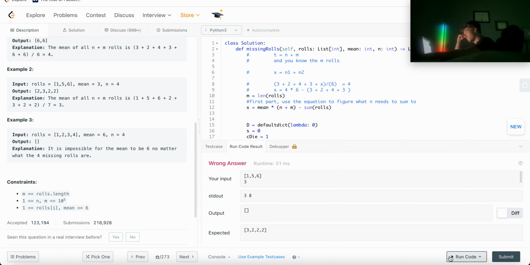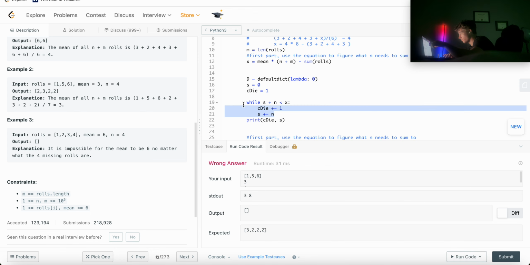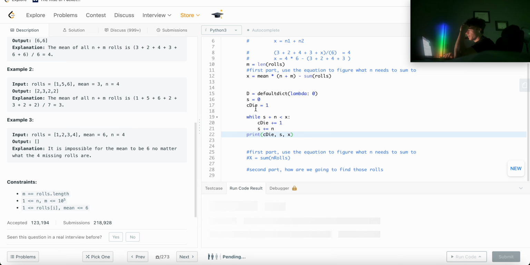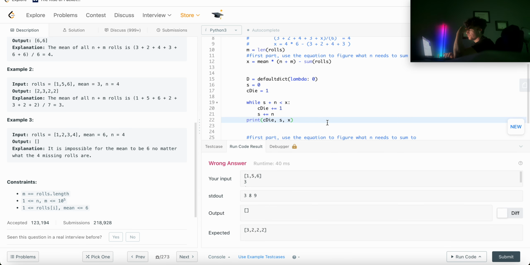So 3 and 8. And what do I need it to be? I need my value to be, so I got, if I use just 2s, I can get to 3. What's the difference? The difference would be the remainder.